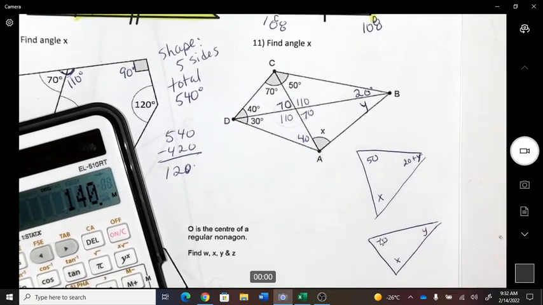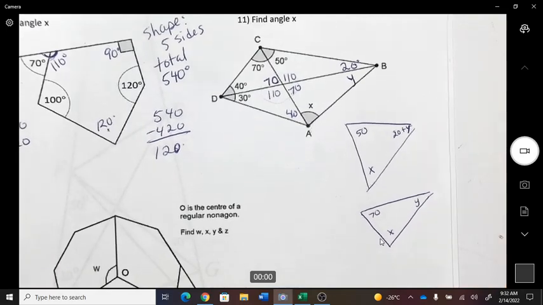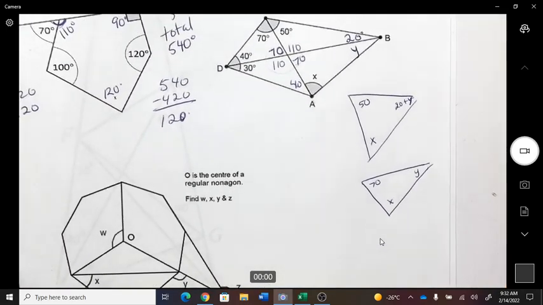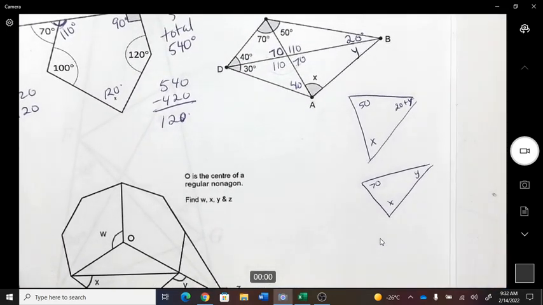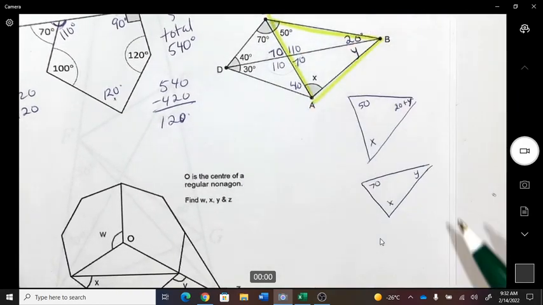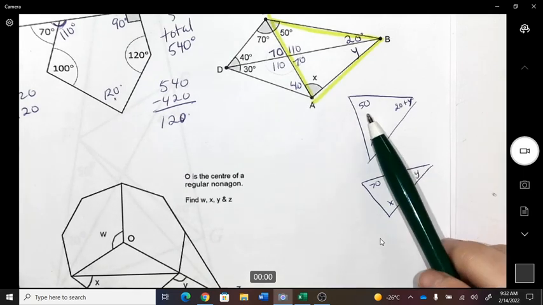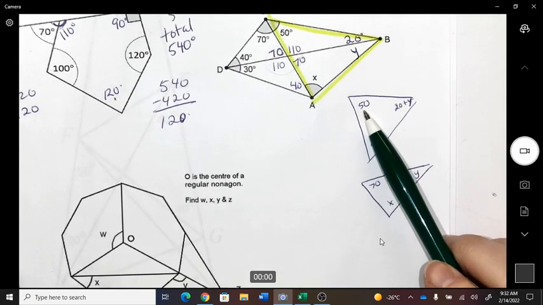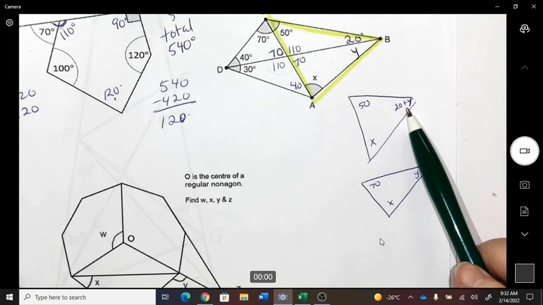Okay, here's the two things that I have. Do you see the two triangles? So I have this triangle right there. So this is what I did. One corner was 50. One corner was 20 plus y.